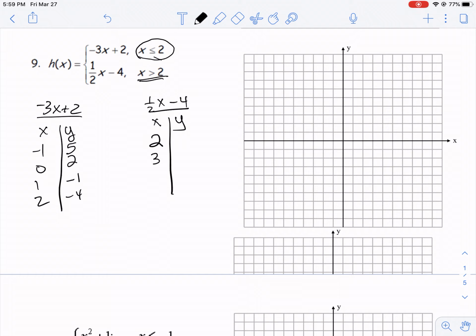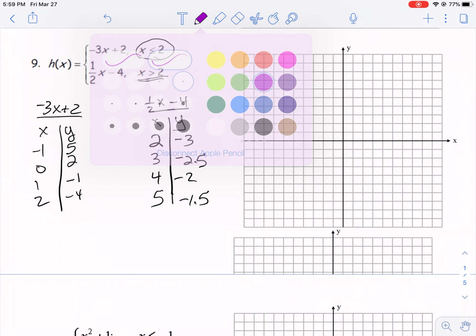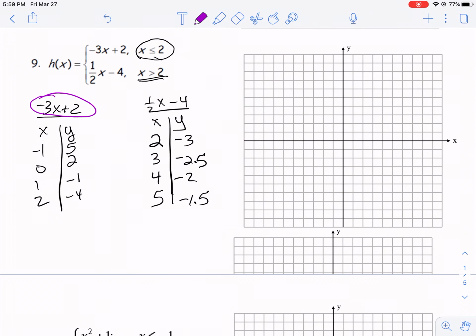So 2 and up. 2, 3, 4, 5 will do it. 2 is a negative 3. 3 is a negative 2.5. 4 is negative 2, and 5 is negative 1.5. Alright. I'm going to graph the first, oh, wait a minute, and no equal sign here means I'm going to put an open circle around my 2 so that I don't forget to graph it that way. I almost forgot to do my circle.